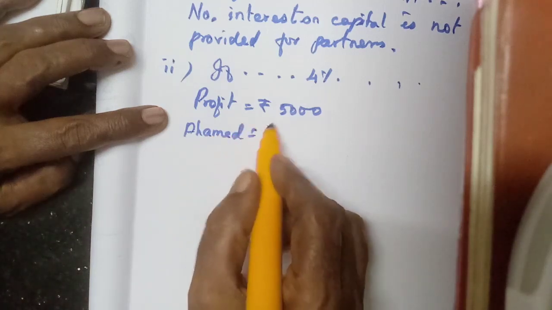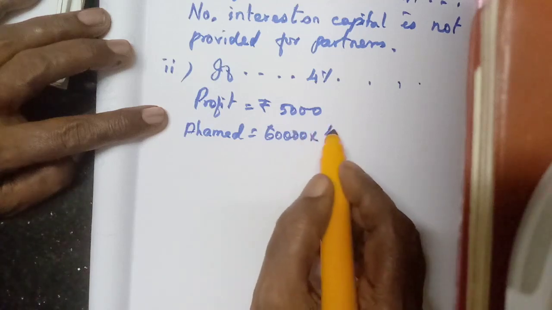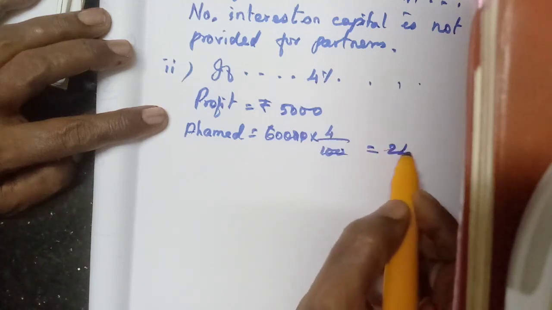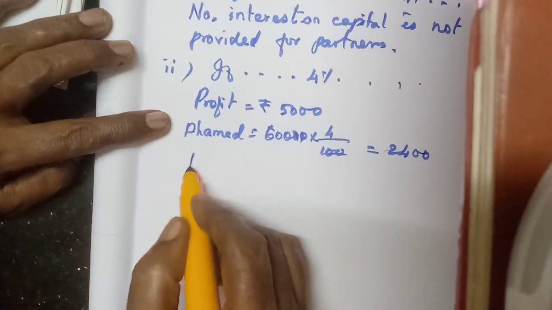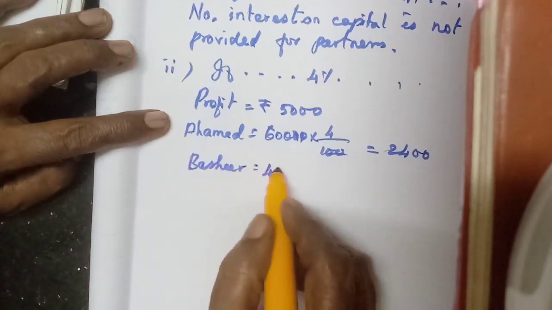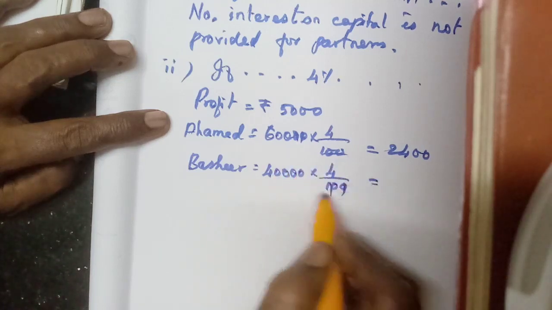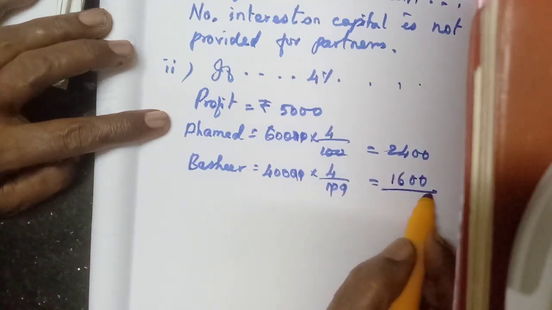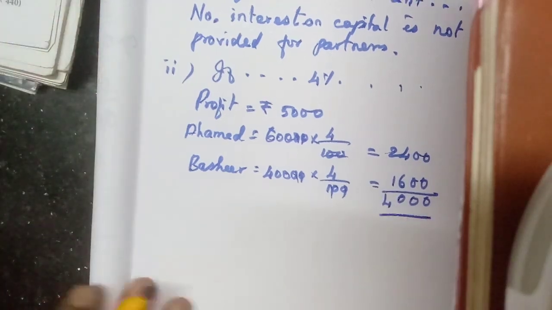What is his capital? 60,000 into rate of interest 4. 20, 4, 6, 24, 20. Then Bashir, 40,000 into 4/100. 4 4s are 16. We have got 4,000. So sufficient profit is there.